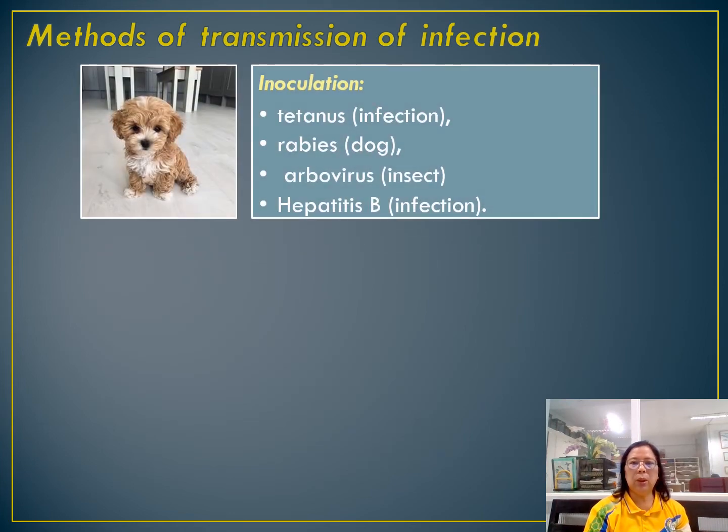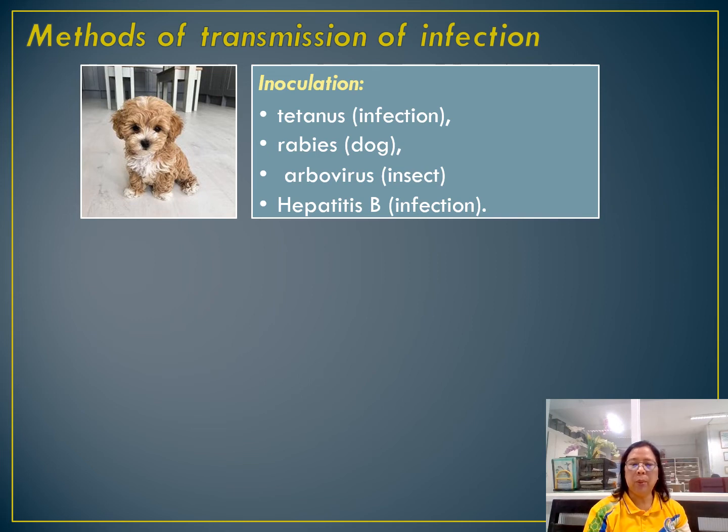And then we also have inoculation or bites. The dog inoculates the saliva that carries the microorganism. So you have tetanus, with the microorganism involved being Clostridium tetani, and then we also have rabies from dog, arbovirus from insect.